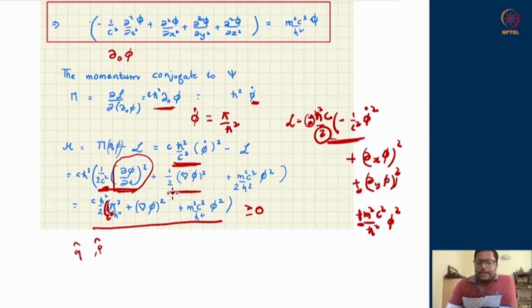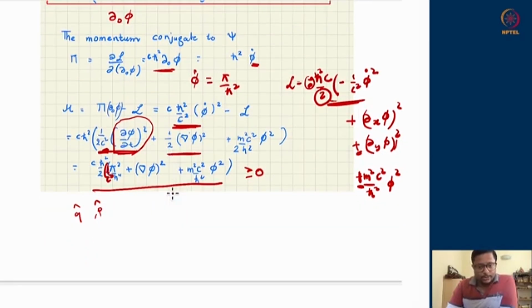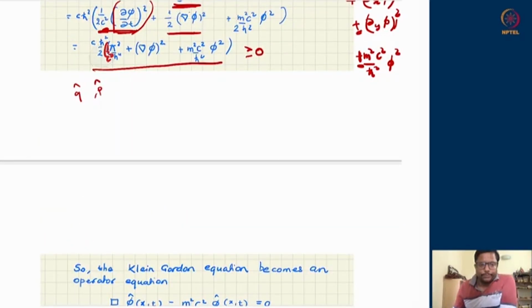Let us go and see if at the quantum level we are able to see the same thing in a more realistic sense, when we operatorize it, whether this retains the structure or not. Okay, so let us first rewrite the Hamiltonian in order to see it neatly.